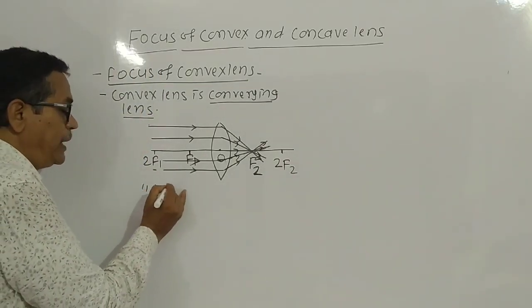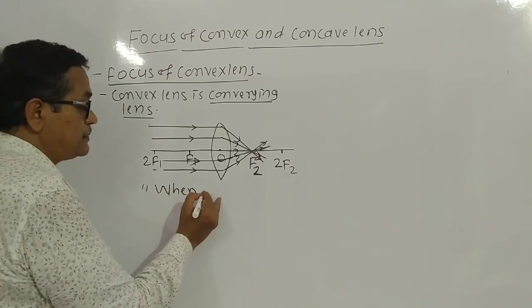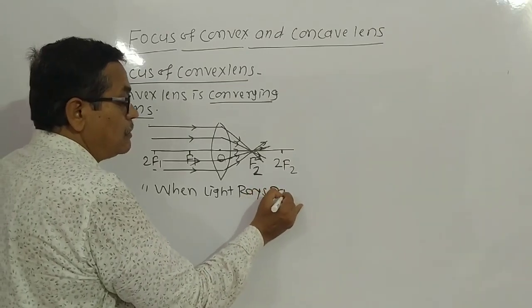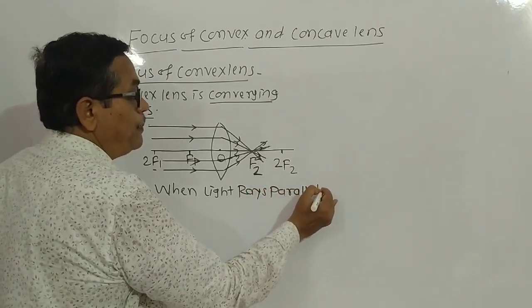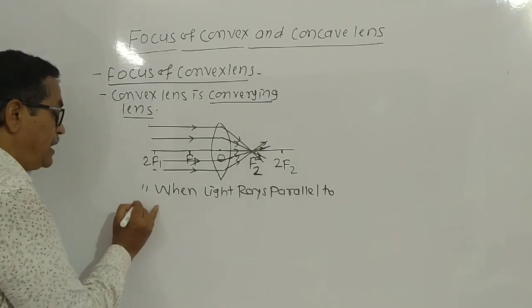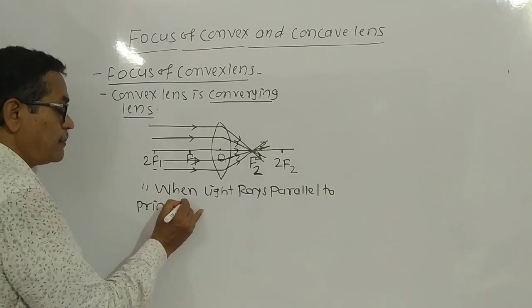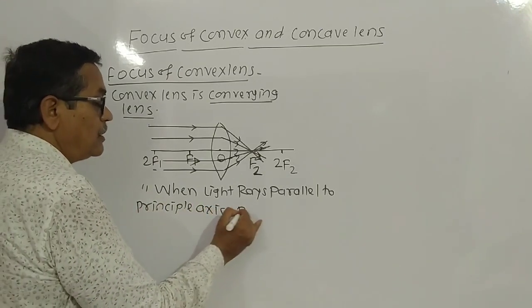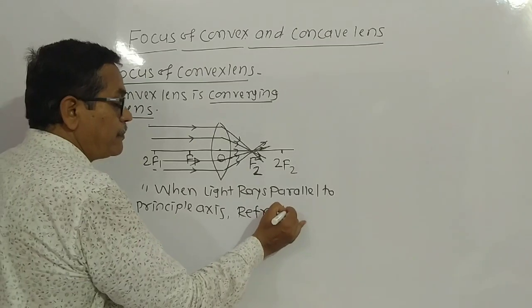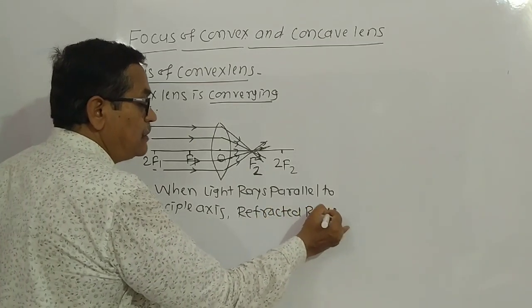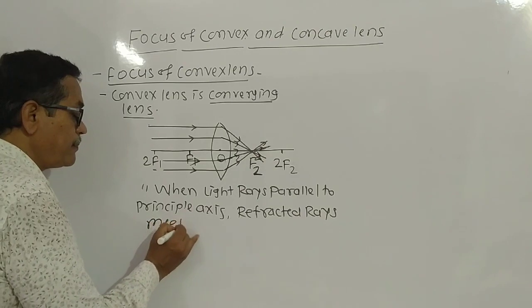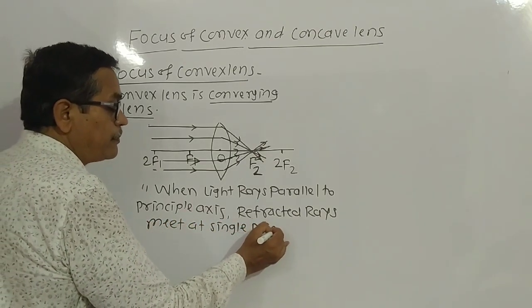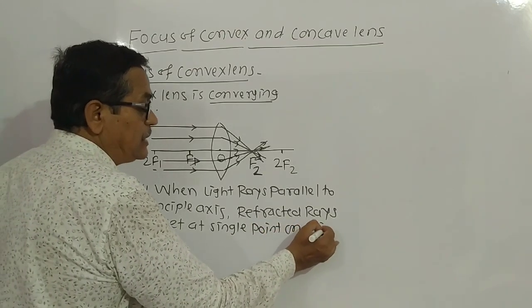Look here, when light rays parallel to principal axis are refracted, the refracted rays meet at a single point on the principal axis.